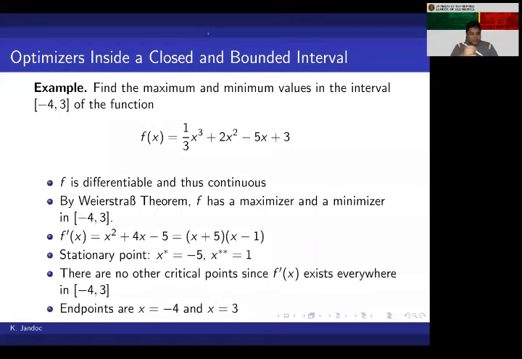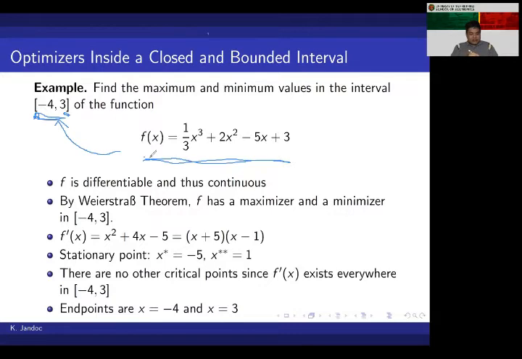So let's go to an example. Suppose you have this function f of x equals 1/3 x cubed plus 2x squared minus 5x plus 3, and suppose this function exists in the domain [-4, 3], which is a closed and bounded interval. Notice it includes -4 and it includes the endpoint 3.